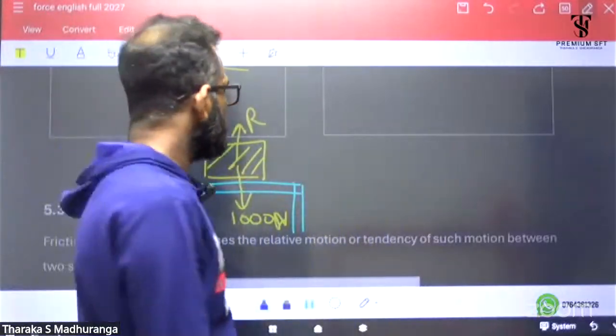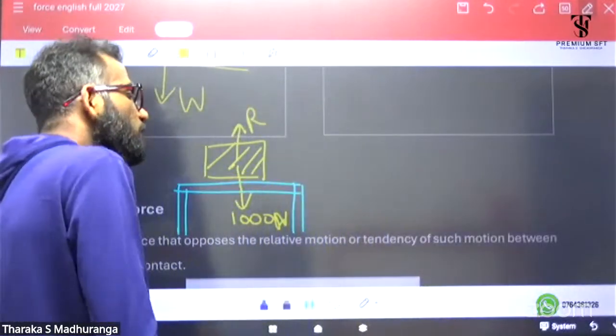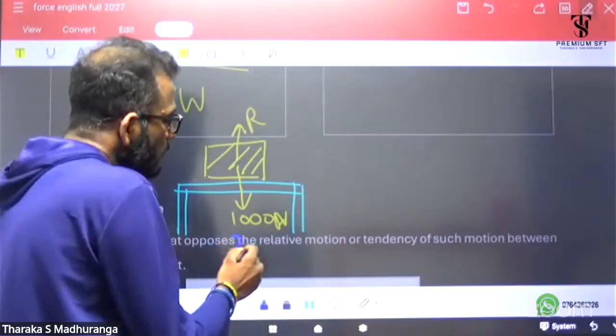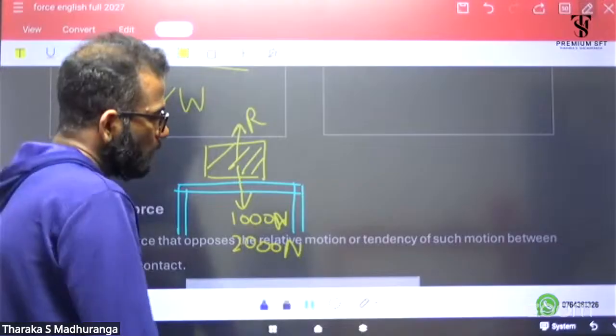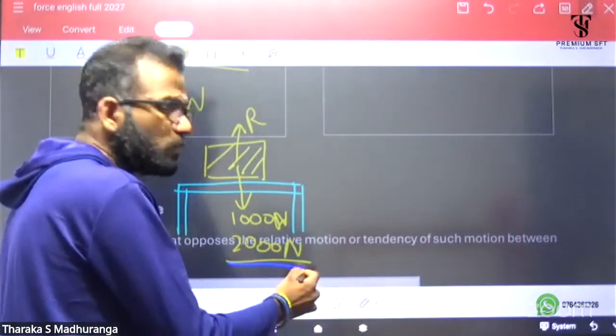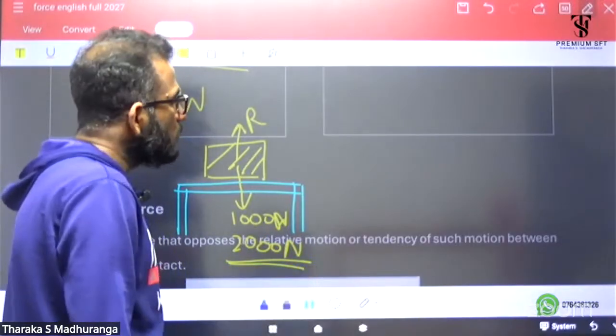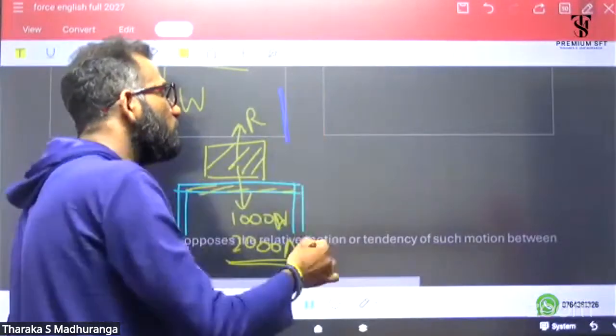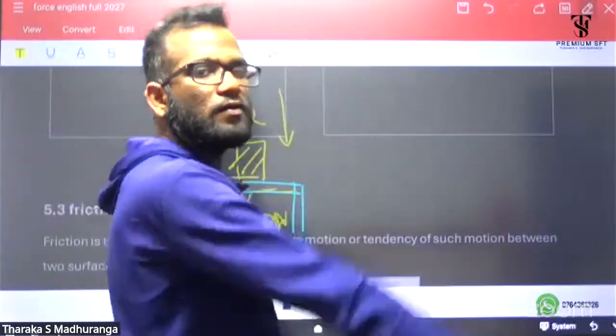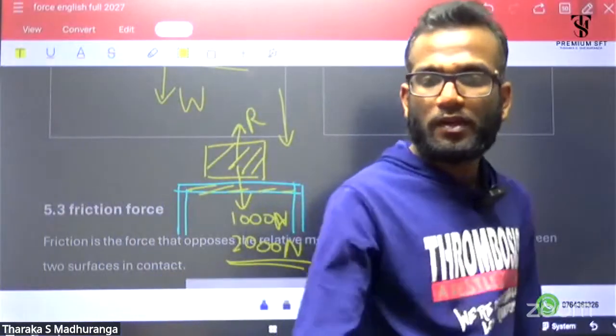But if we double this weight up to 20,000 Newton, if we increase this force up to 20,000, now this surface, this table cannot give this reaction force.